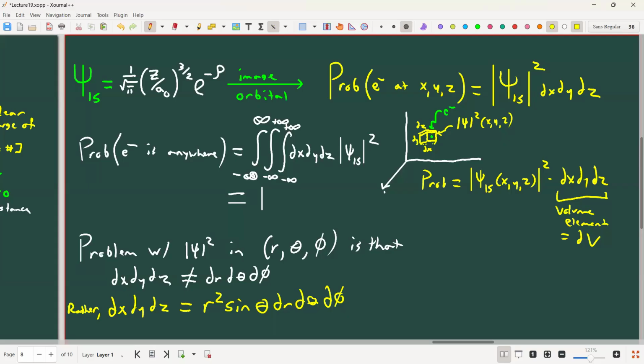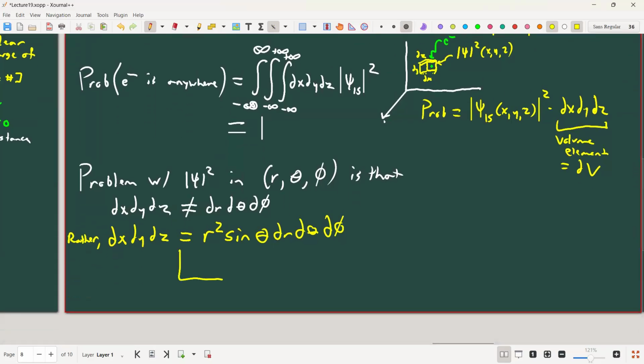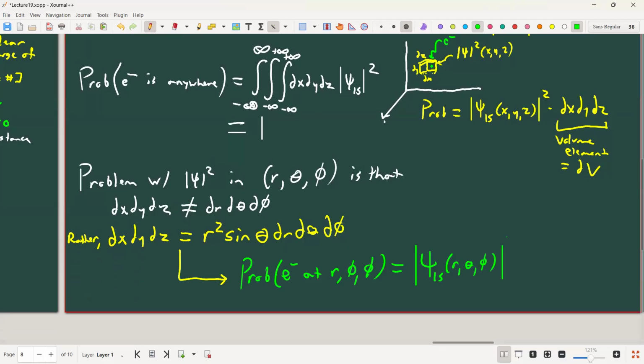So what we would actually say is that the probability of finding the electron at r, theta, and phi is equal to the value of the wave function evaluated at r, theta, and phi, squared, times r squared sine theta dr d theta d phi.